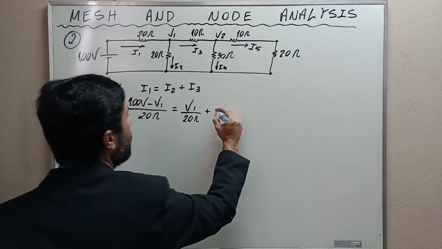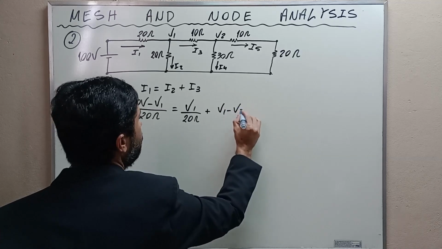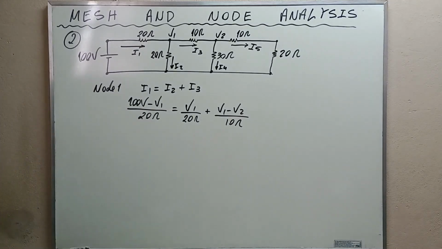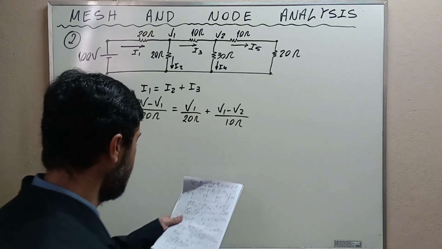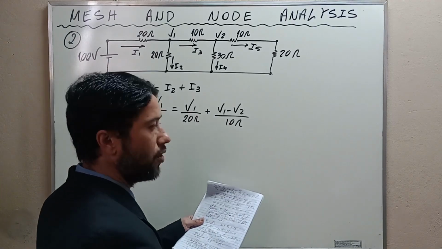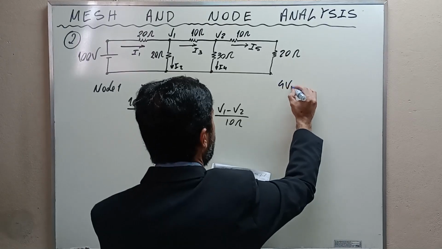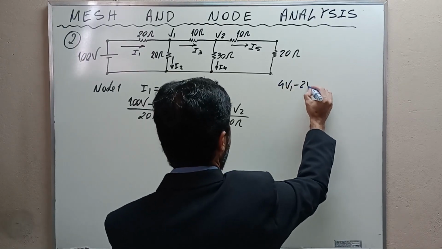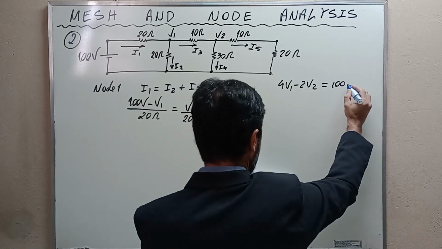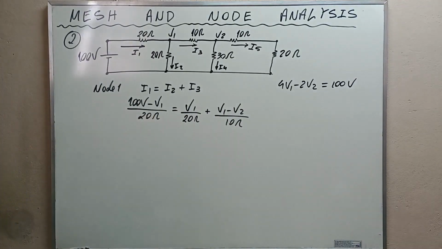Okay, then I write V1 minus V2 divided by 10 ohms. This is the equation, and if we simplify it, I'm going to store the result here because I'm going to need to erase this. It is going to be 4V1 minus 2V2 equal to 100 volts. Okay?